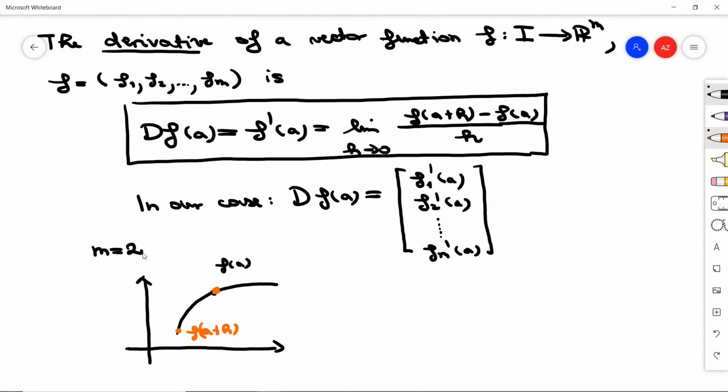What we're in fact measuring here is the slope of this line. So f of a plus h minus f of a over h is the slope of this line.